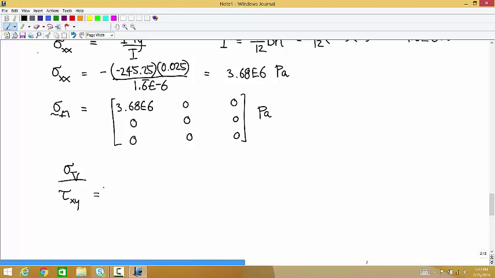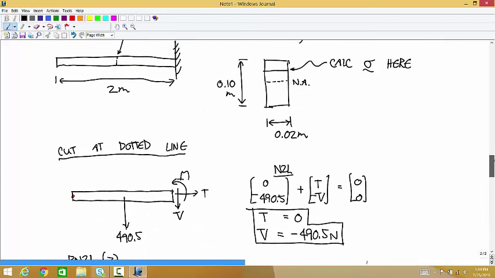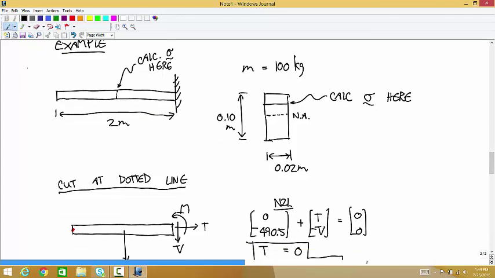Tau xy is equal to negative VQ over IB. We already have I. We had to calculate that for the bending moment. We have to calculate Q. So Q is equal to the area above this line that we care about times the distance from the neutral axis to the centroid of that area. So what's the area of that region?